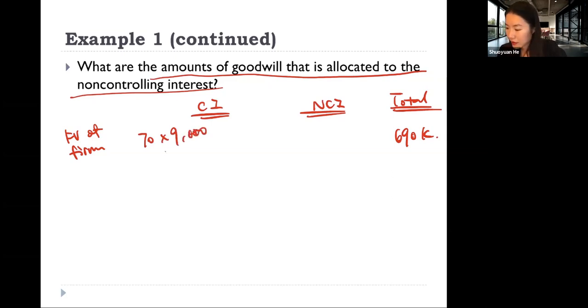So this comes up to 630,000. And then the fair value of the non-controlling interest, that's $60 per share multiplied by 1,000 shares. So that is $60,000.